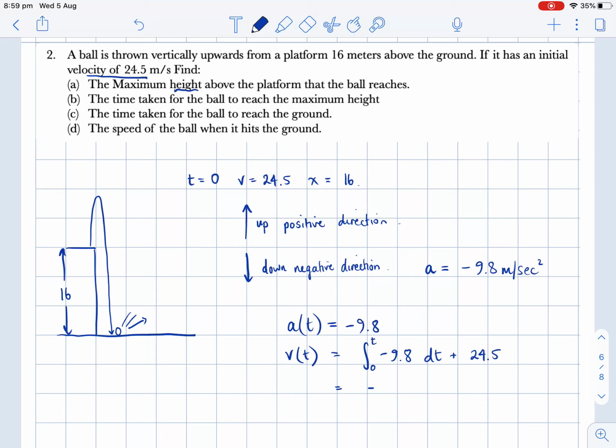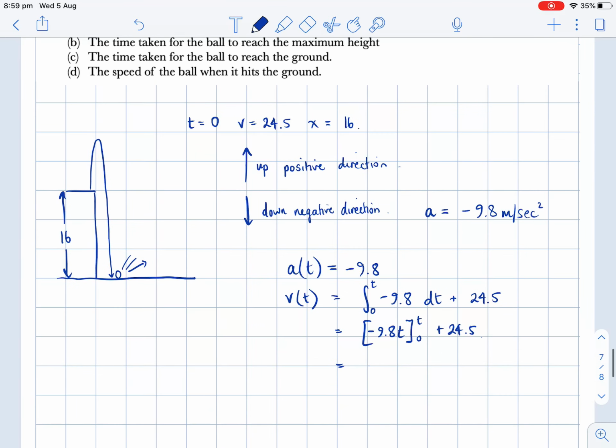So if I integrate, I get negative 9.8t plus 24.5. And it makes sense that we go from a constant to a linear equation when we anti-differentiate. So this is v of t.